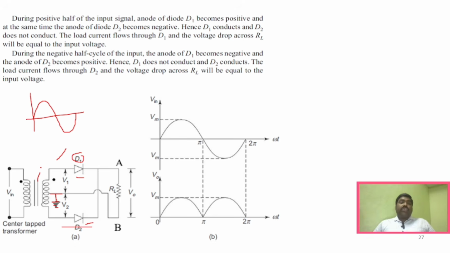So during positive voltage, D1 will be on and D2 will be off, so that during positive voltage D1 conducts, so that we can obtain this waveform.